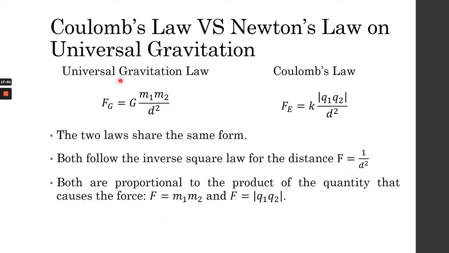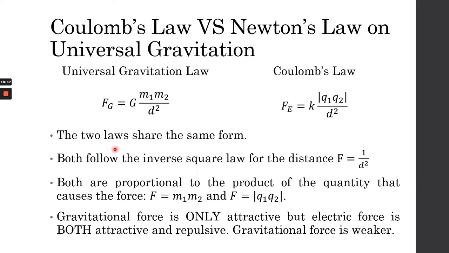So for gravitational force, the quantity that causes the force is the mass. For electric force, the quantity that causes the force is the charge. So by multiplying those values, you can directly proportionally get the value of the force. But lastly, there's also a little bit of difference between the two.